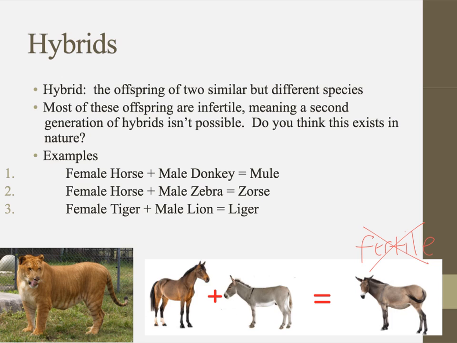They generally don't occur in nature. And that's because this guy sees this guy not as a potential mate, but as something from a completely different species. Kind of why humans don't generally find cows attractive. We can't mate with them, we can't produce offspring, so there's no physiological drive to mate with them. It doesn't occur in nature very often.